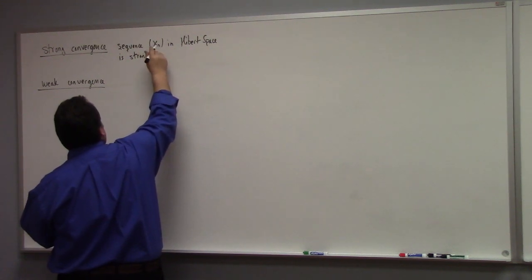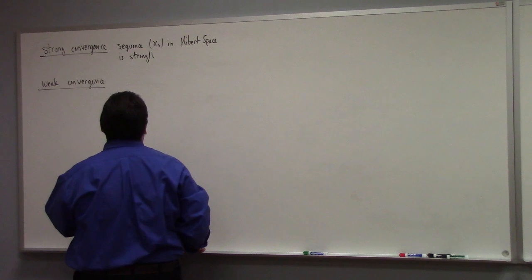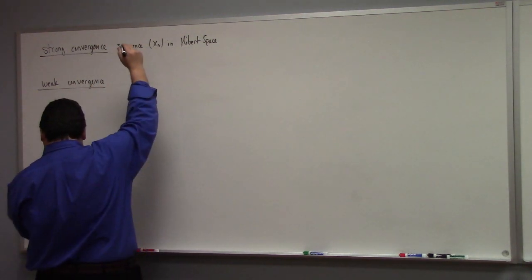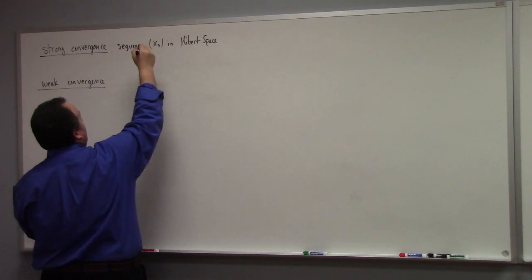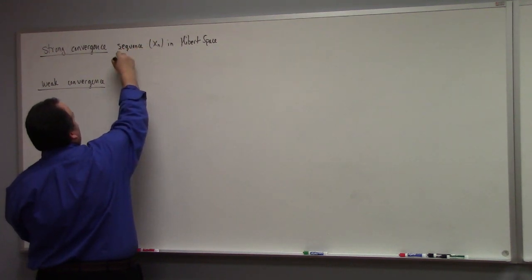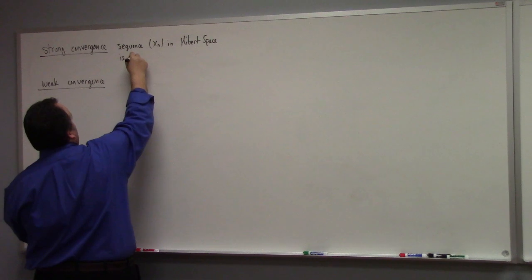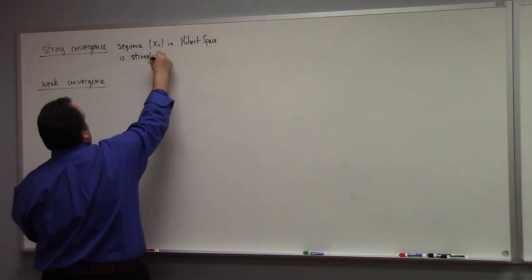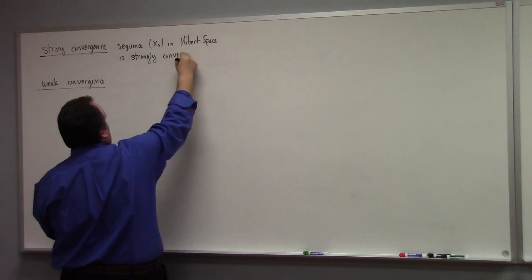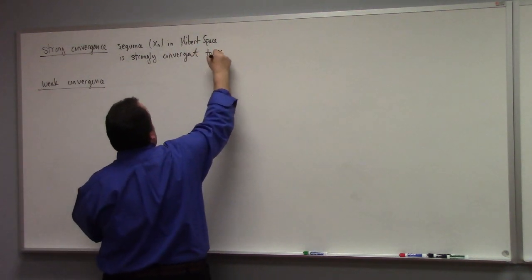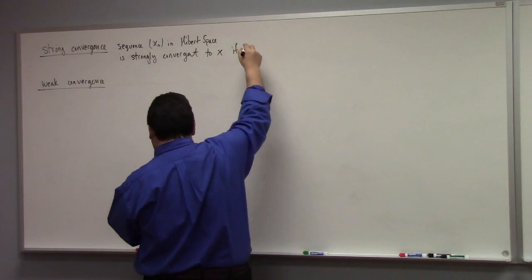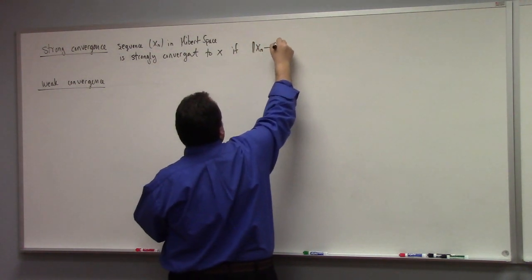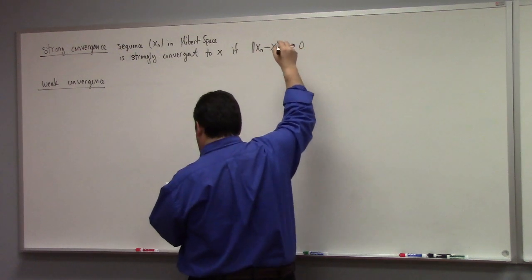Is strongly convergent to x if the norm of x_n minus x goes to 0 as n goes to infinity.